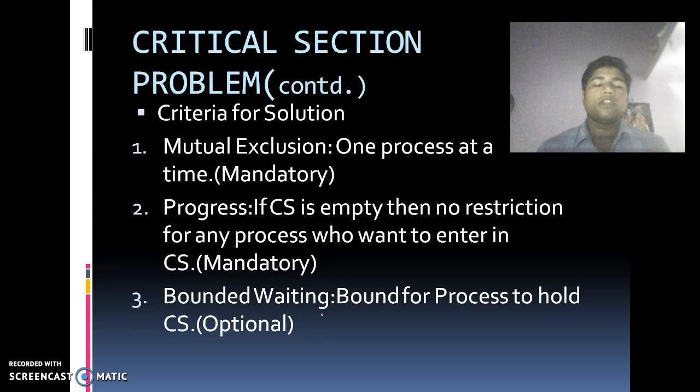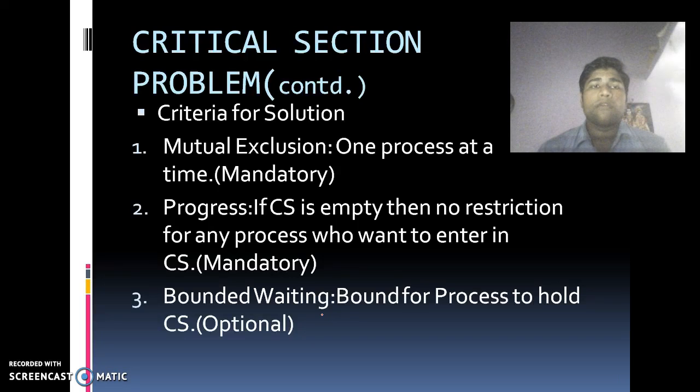Third one is an optional criterion. It's called bounded waiting. In this, we say that there will be a bound on the number of times a process enters the critical section. Suppose a process goes into the critical section, comes out, then again goes in, then again comes out.